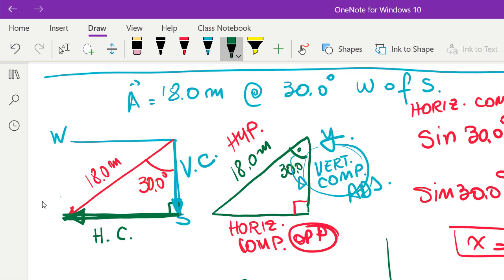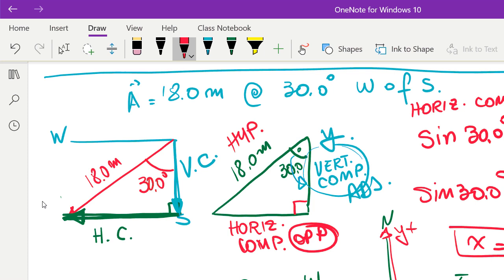So we have a northeast-southwest axis, which is very similar to the x and y axes. On the x axis, right is positive and left is negative. On the y axis, up is positive and down is negative.